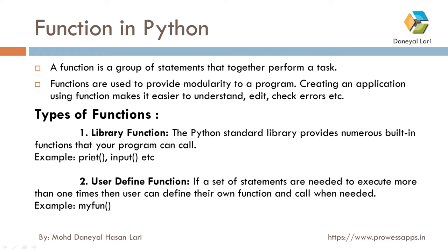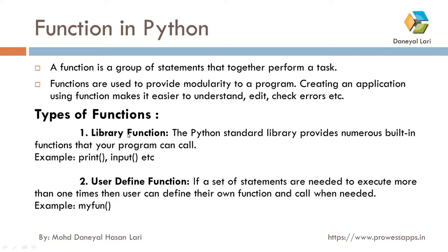We have seen many functions related to math operations, set operations, and list operations. Those functions which are already developed by Python and which you can use in your application are called library functions.